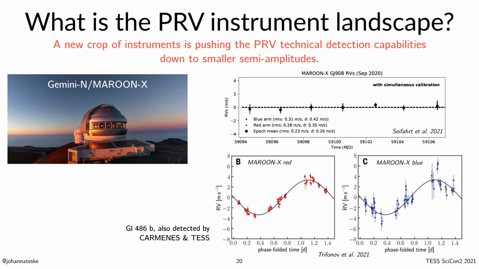So the kind of 700 to 900 nanometer range is really where the optimal RV information content is for mid to late M dwarfs. And so that's what MAROON-X is really focusing on, and they have these really nice results out earlier this year on GL 486b, which was also detected by CARMENES and TESS. But I just was very impressed showing off the blue, but especially the red RV precision for MAROON-X.